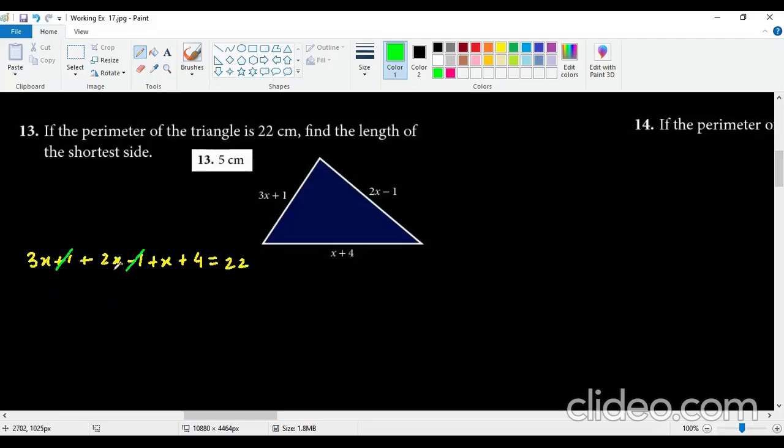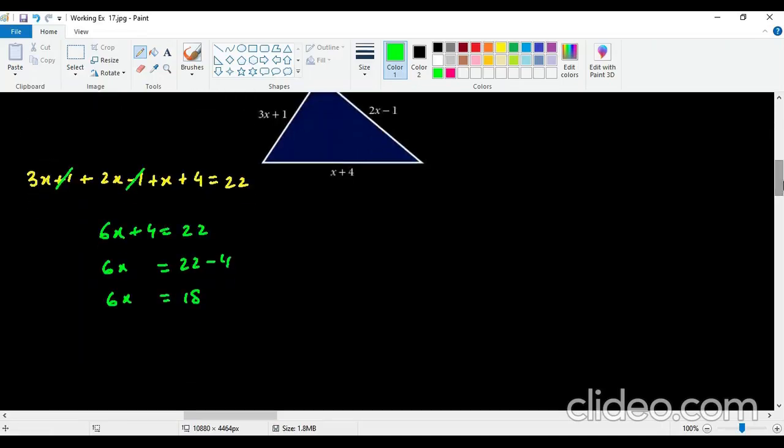That means 3 plus 2 is 5, 5 plus 1 is 6x, 6x plus 4 is equal to 22, and 6x will be equal to 22 minus 4. That means it's going to be equal to 18, and x is equal to 18 over 6, which is 3.